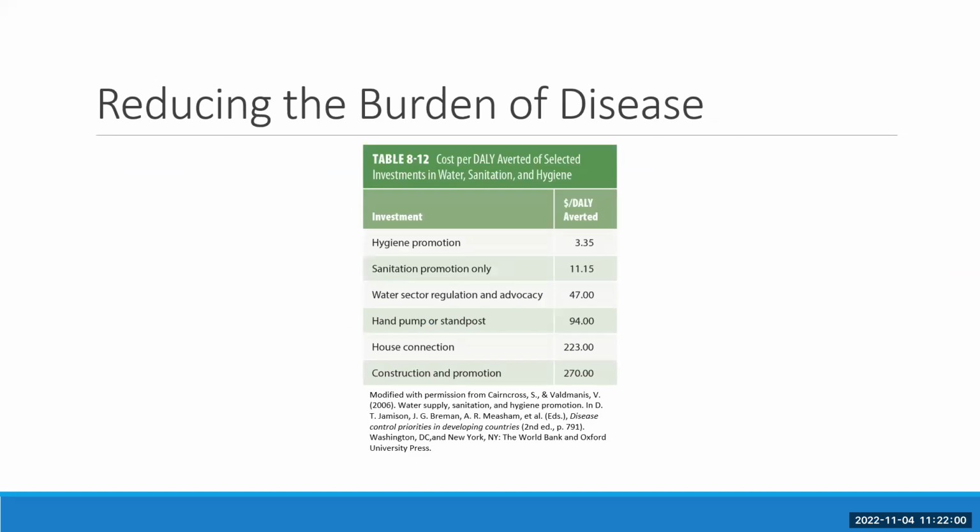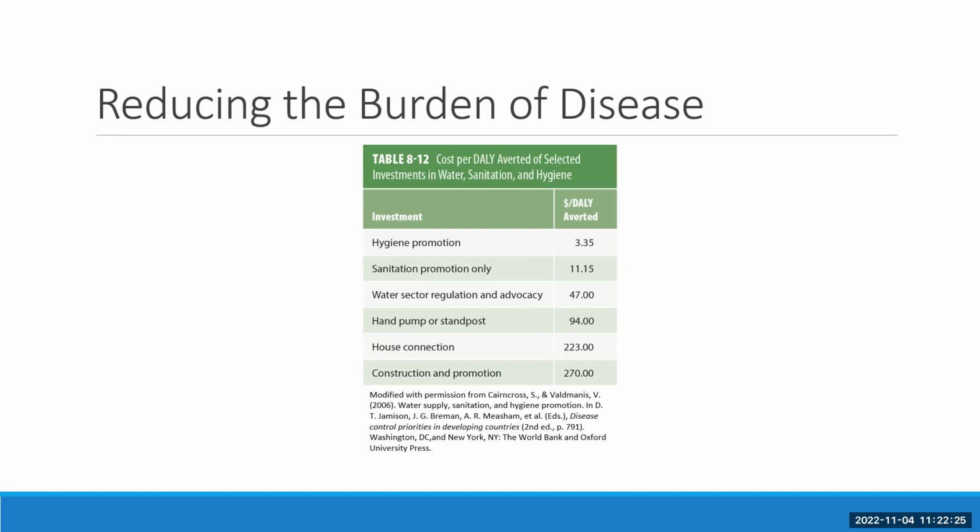So when it comes to WASH, water, sanitation, and hygiene, you should know what is the most cost-effective approach to averting DALYs, or disability-adjusted life years. If you look here, the column on the right shows us the dollar amount per DALY averted.